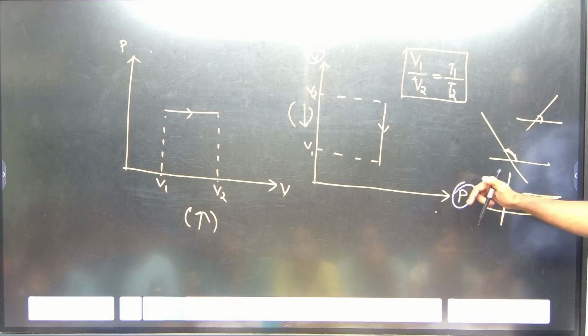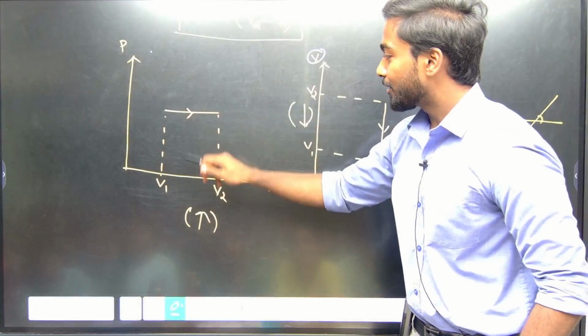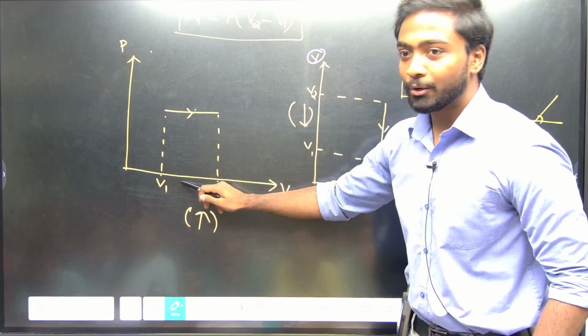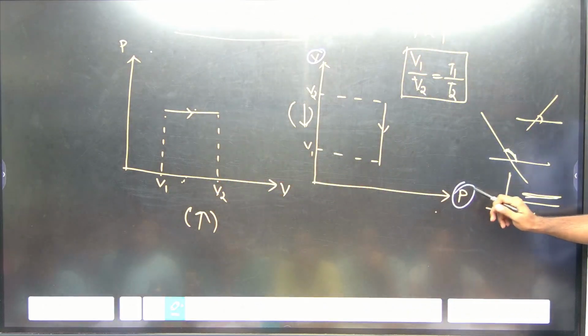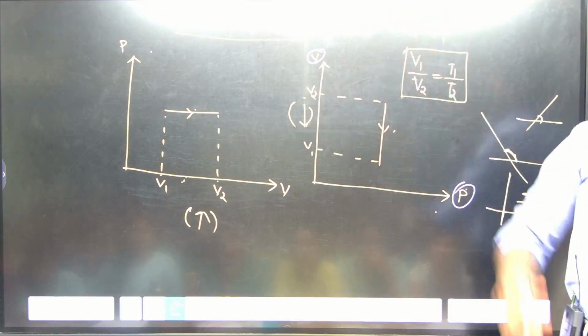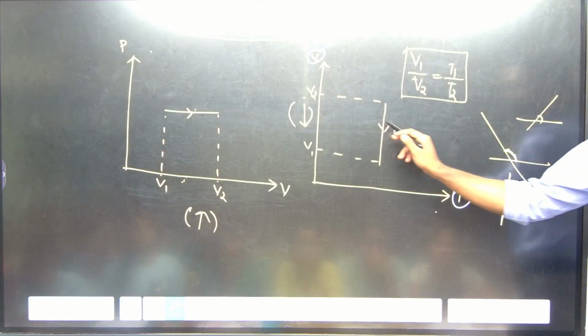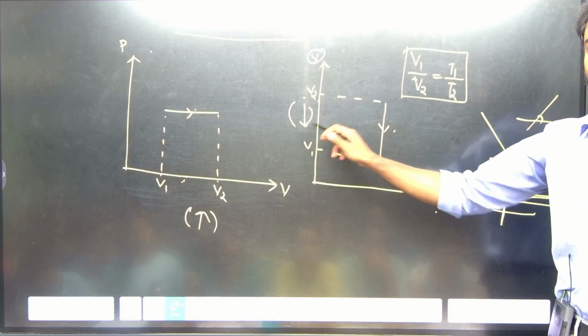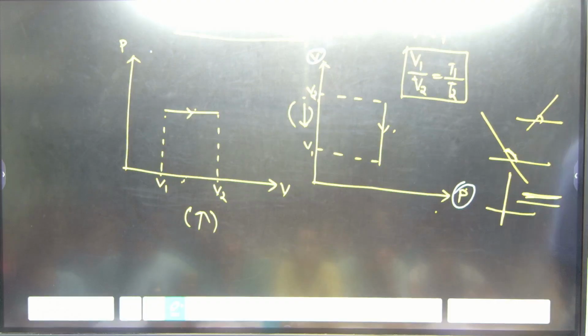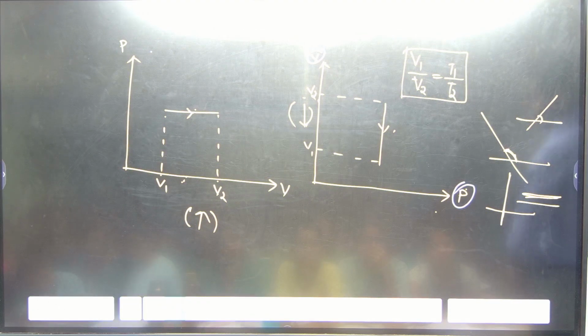If I need to calculate for this one, I will take the graph with respect to the x-axis. If I need to calculate for this one, I will take it with respect to the y-axis. So if I take it, it is parallel. So for both of them it is 0. That's why I have given both graphs.